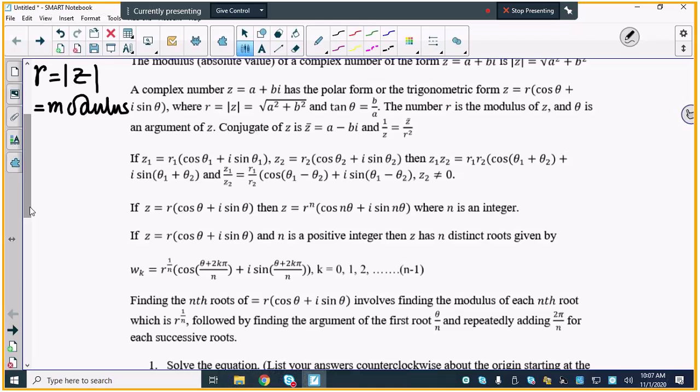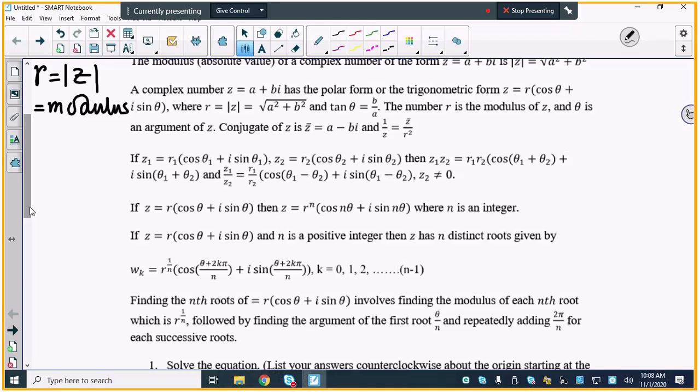Whereas while dividing, I'm supposed to subtract the arguments and divide the radius on the top by the radius on the bottom, provided the complex number on the bottom is not equal to 0.